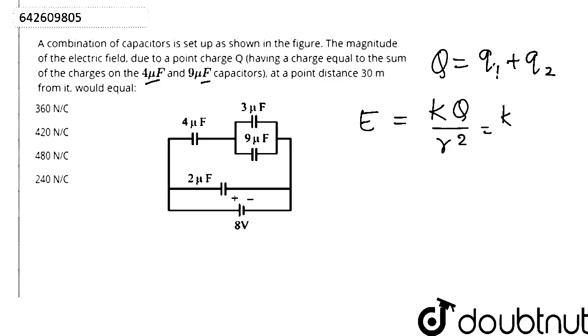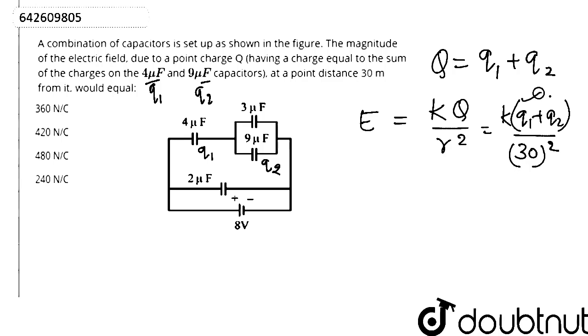Q1 and Q2 are the charges flowing through the 4 microfarad capacitor and the 9 microfarad capacitor respectively, and r is given as 30 meters. So for this we need to calculate Q1 and Q2.